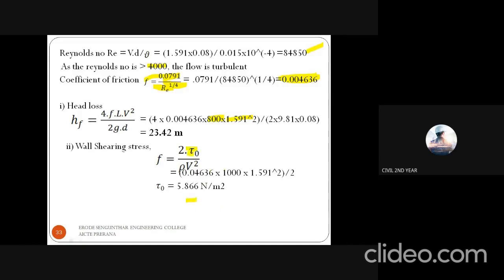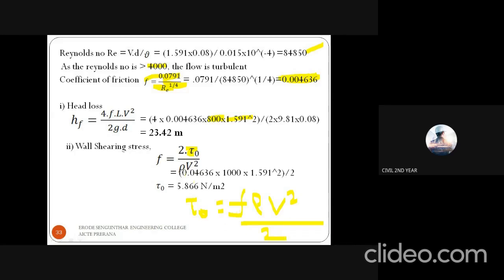Tau naught is equal to F into rho into V square, divided by 2, since the 2 moves to the denominator.